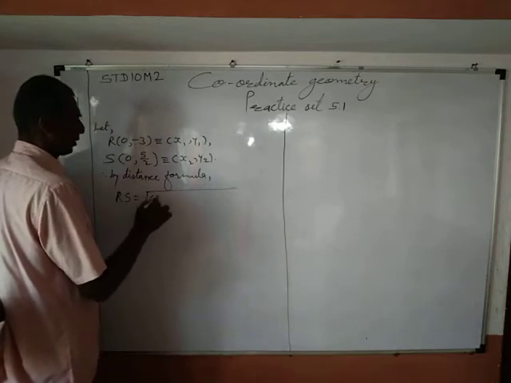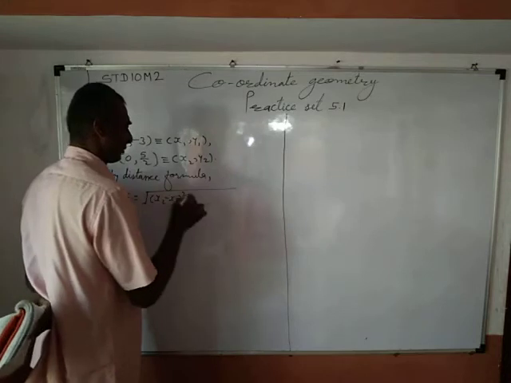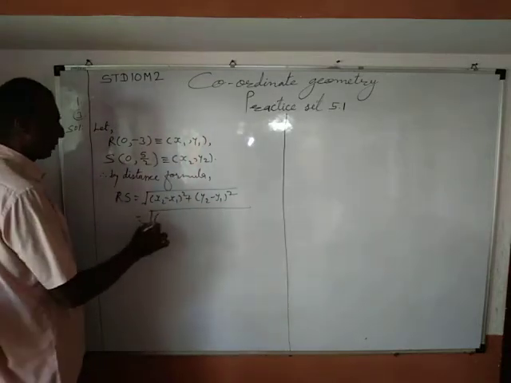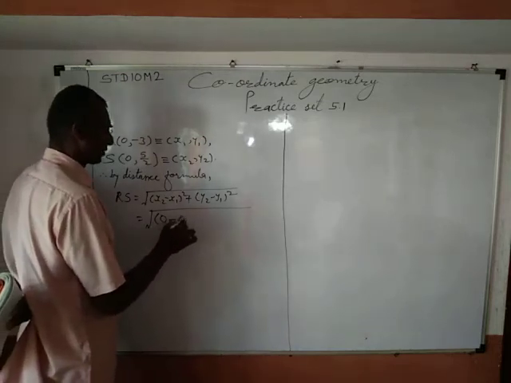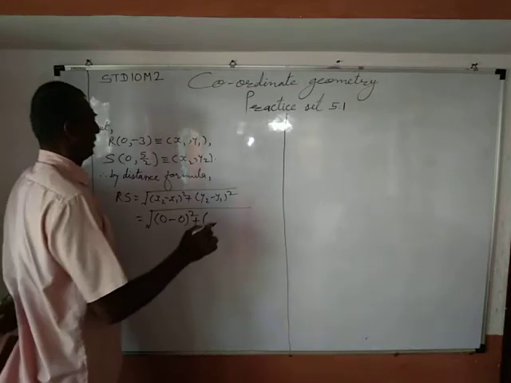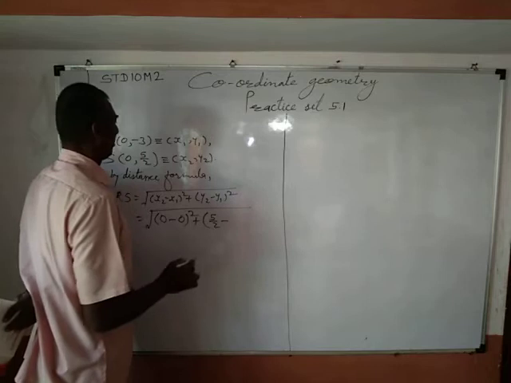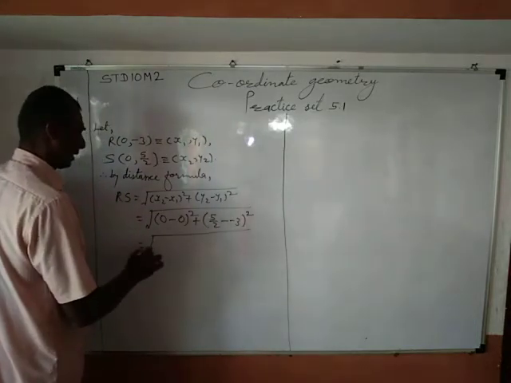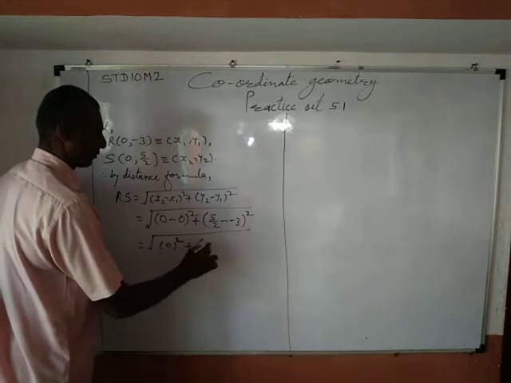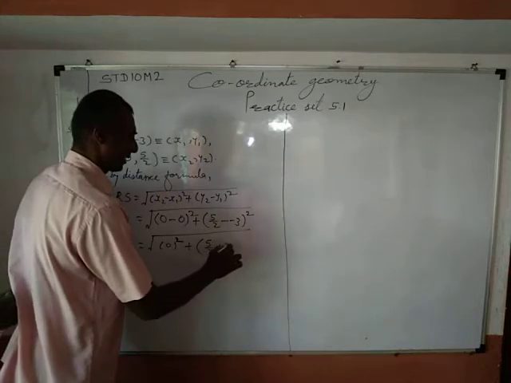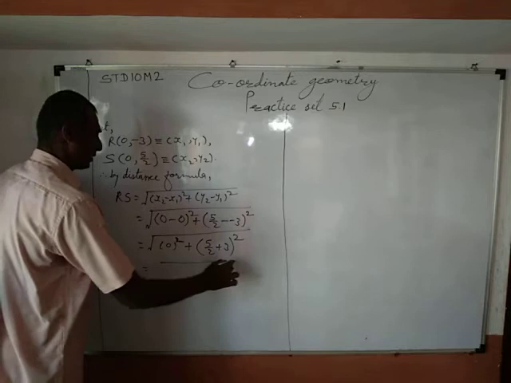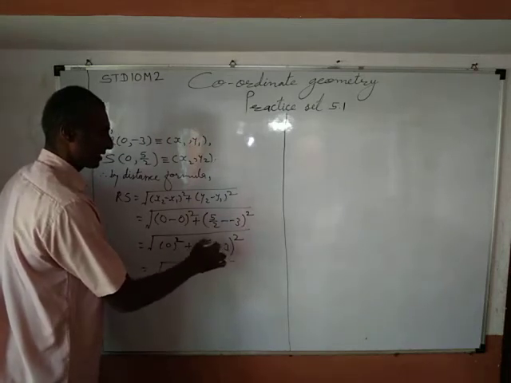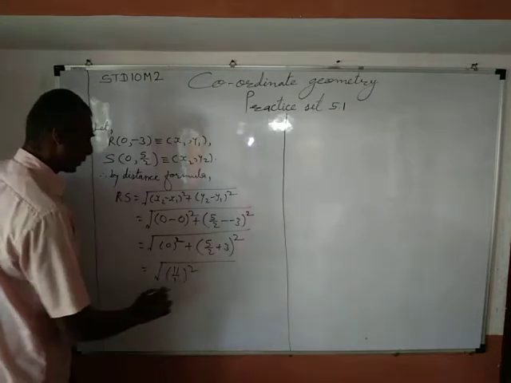equals under root (x2 minus x1) bracket square plus (y2 minus y1) bracket square, equals under root, value of x2 is 0 minus value of x1 is 0, (0 minus 0) square plus value of y2 is 5 upon 2 minus value of y1 is minus 3, its square, equals under root 0 square plus (5 by 2 minus minus 3 means plus 3) its square, equals under root square of 0 will be 0 plus (5 by 2 plus 3) its square. 2 3s are 6, 6 plus 5 is 11 upon 2, its square.